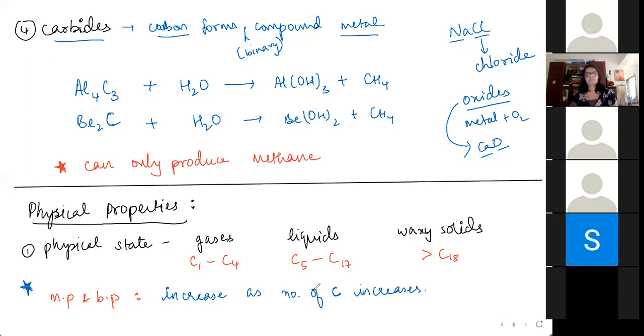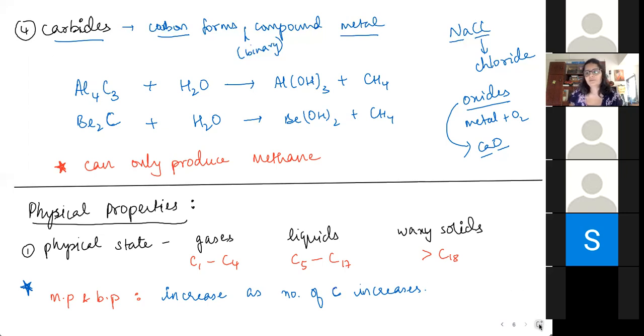Between butane, pentane, hexane, heptane, which one will have the highest boiling point? Heptane. Correct. So the higher the number of carbon atoms, the higher the boiling point. Simple.